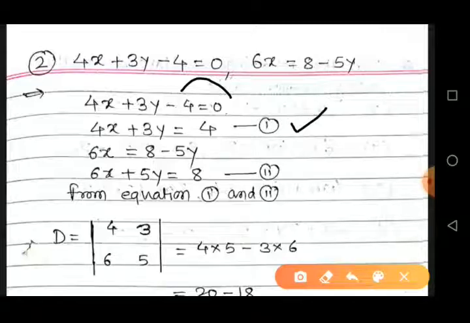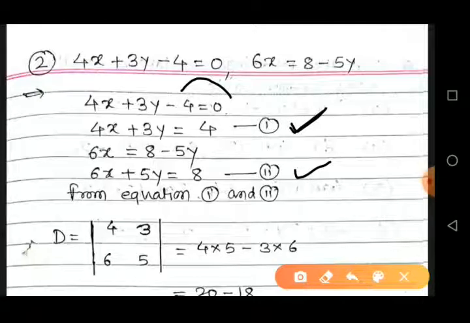Write down below the given second equation, 6x equal to 8 minus 5y. Y term is on the right side. Transpose this minus 5y to the left side, it becomes plus. That means 6x plus 5y is equal to 8. For this prepared equation, give number 2.